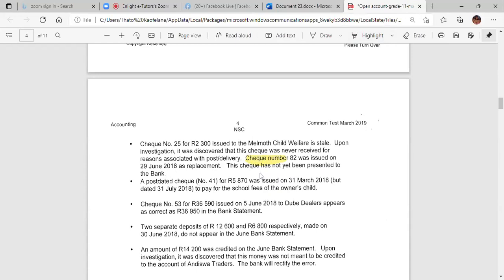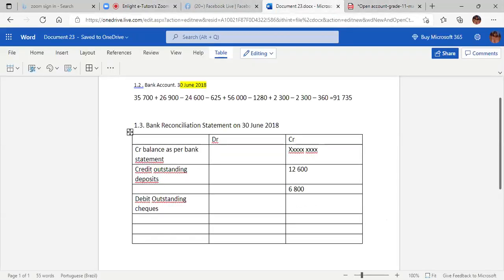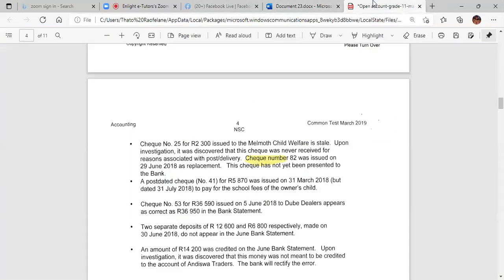So it's outstanding. So the first check is number 82, for 2,300.